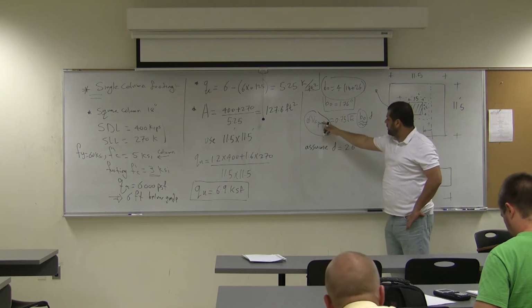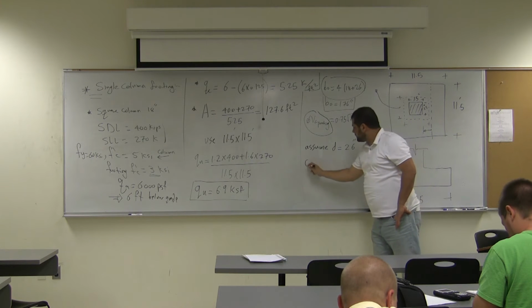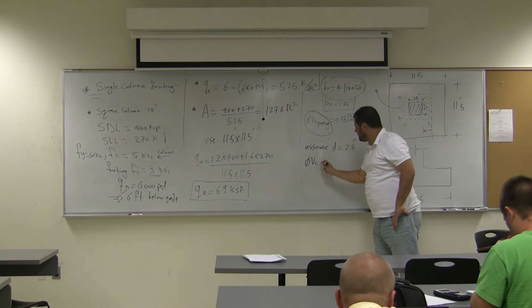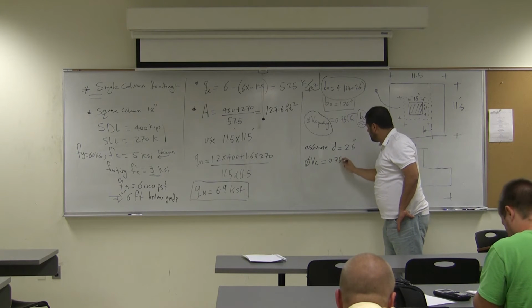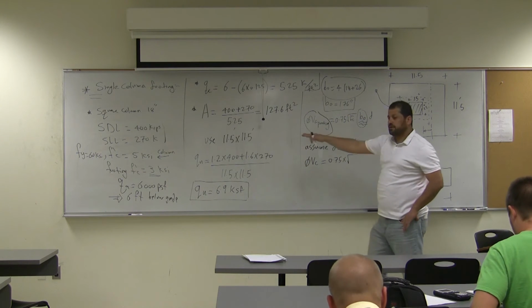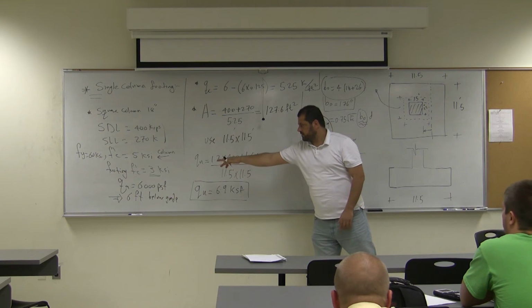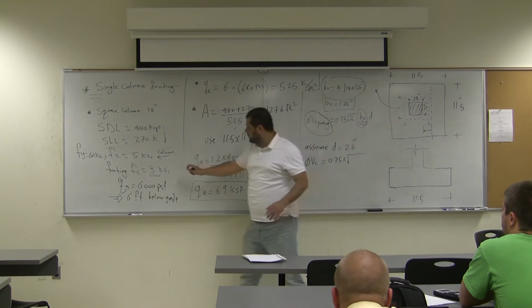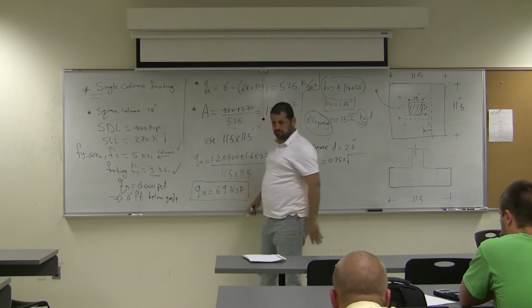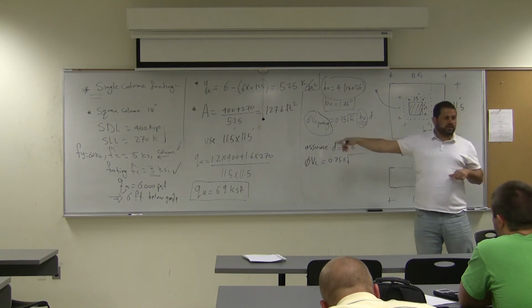So what's Vc now with that b naught? Vc equals 175 times square root of... Remember, now we're talking about 3,000, the footing concrete. That's for the column. Be careful. Sometimes if you are required to design the column and then the footing, be careful with the concrete.